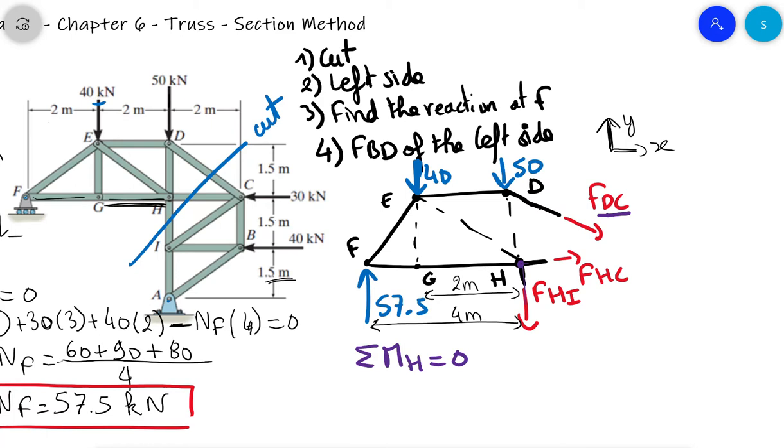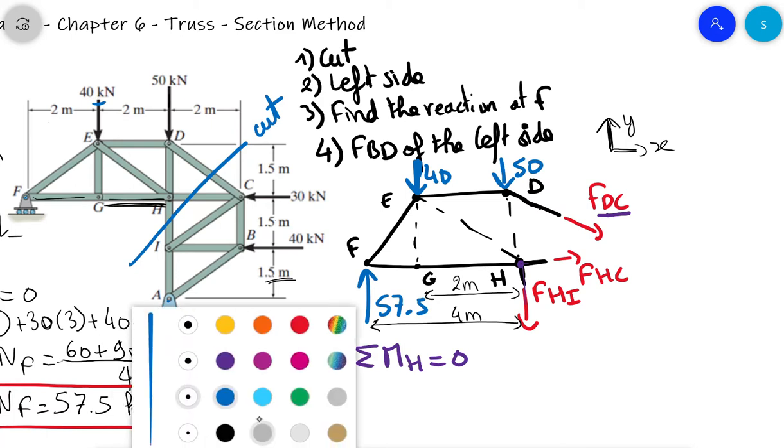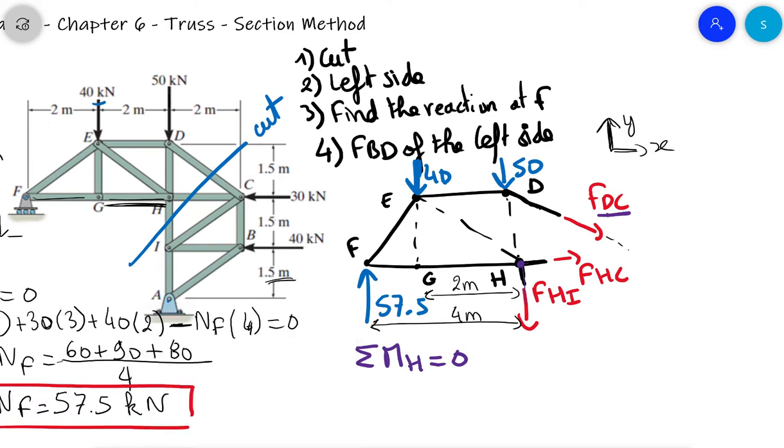For FDC, there are 2 options, and that's where it's really important. So let me draw that at the point C. If we use the vertical component of FDC there, we don't know any dimension, so we can't do that.